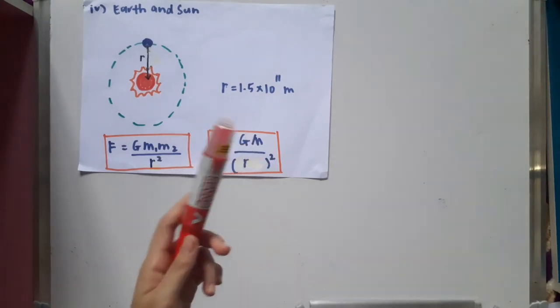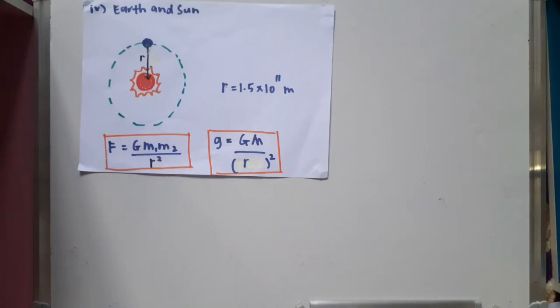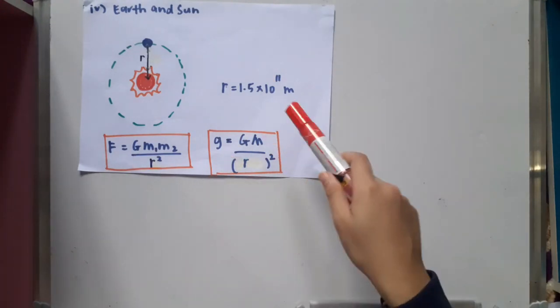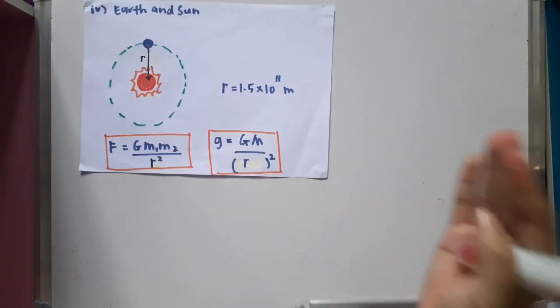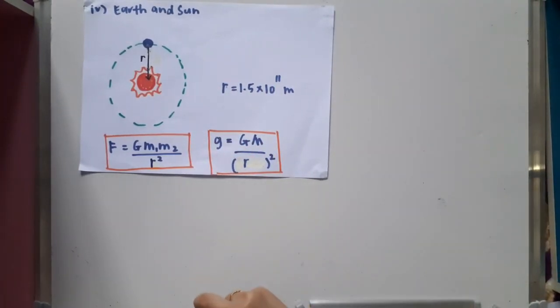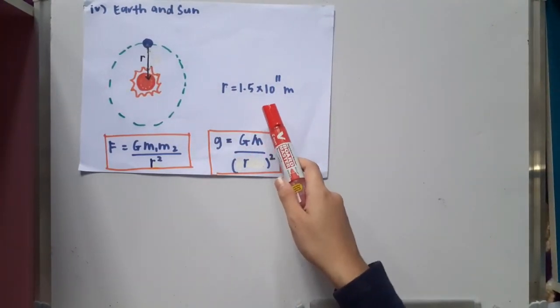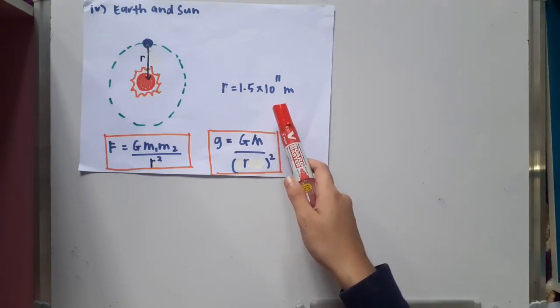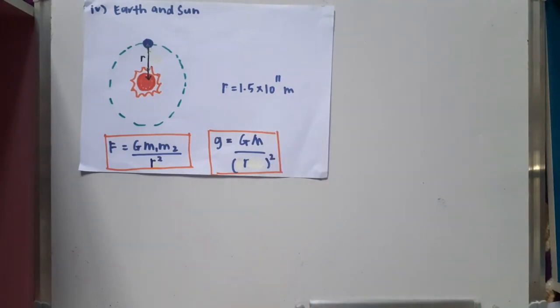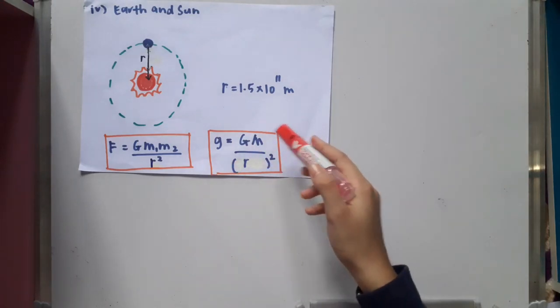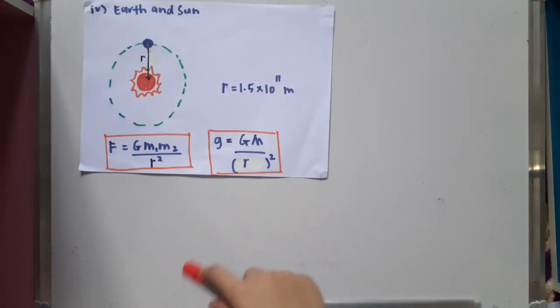The mass, we need to use the mass of the Earth, which is capital M. Okay, and the total distance from the center of the Earth to the center of the Sun, R, is equal to 1.5 times 10 to the power of 11 meter. So the distance between these two objects is always constant, fixed.